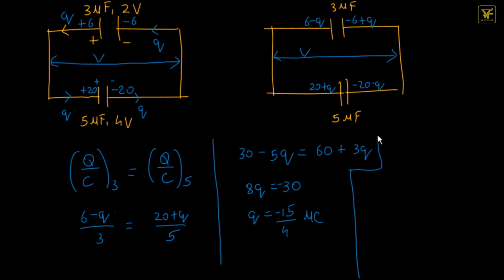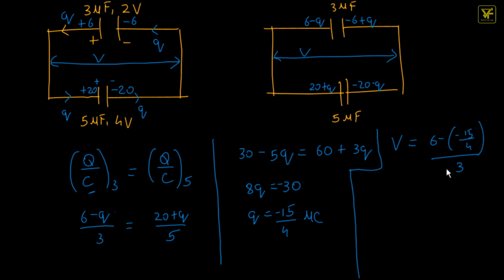What about the common potential? The common potential can be found by putting the value of Q on any plate of any capacitor of your choice. So if I put it on the 3 microfarad capacitor, I'll get 6 minus Q, where Q is minus 15 by 4, divided by C, which is 3 microfarads.